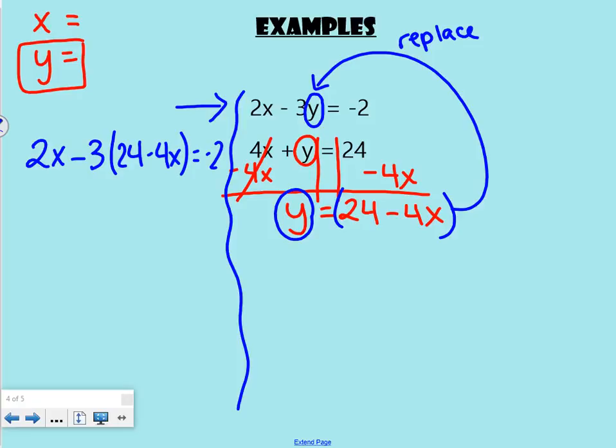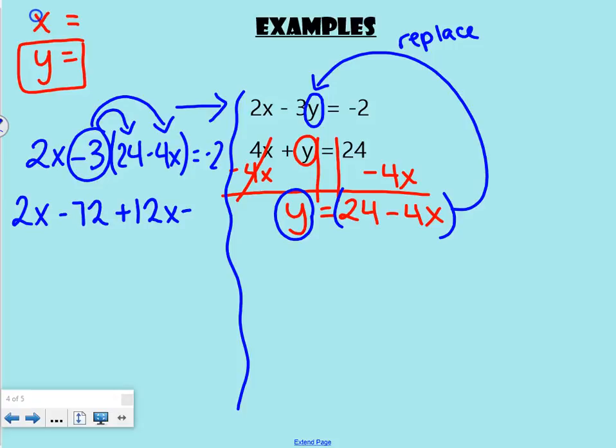All right, let's solve that. First step, we do need to distribute this -3. 2x comes down. -3 times 24 is -72. -3 times -4 is positive 12x equals -2. Add those like terms together.